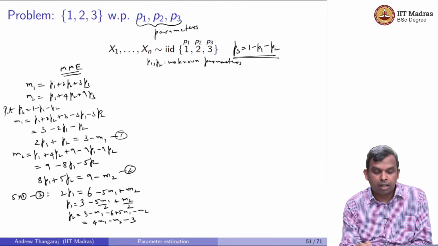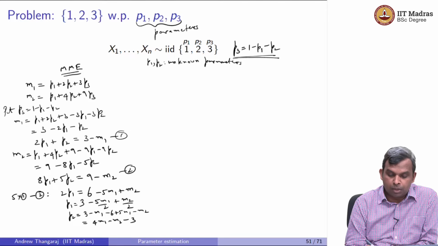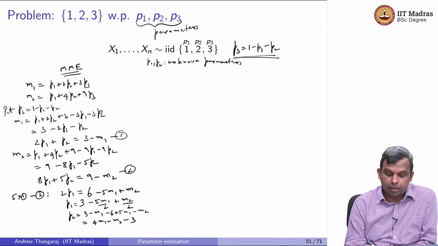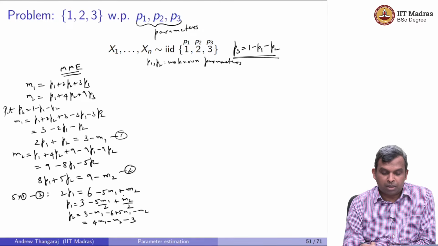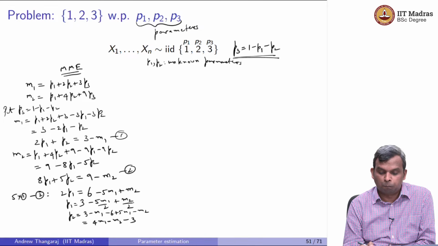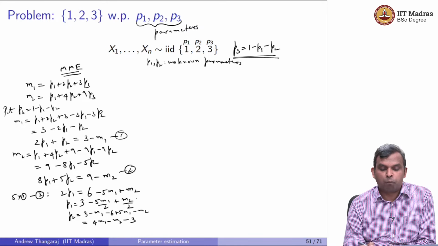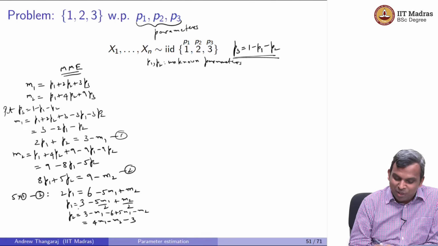So if you do 2P1 plus P2, I'm going to get 3, and then minus M1 and M2 will cancel. So that's good, that agrees. And then 8P1 plus 5P2, what will happen? Okay, I think it's okay. So this is correct. So from here, I've got P1 and P2 in terms of M1 and M2.